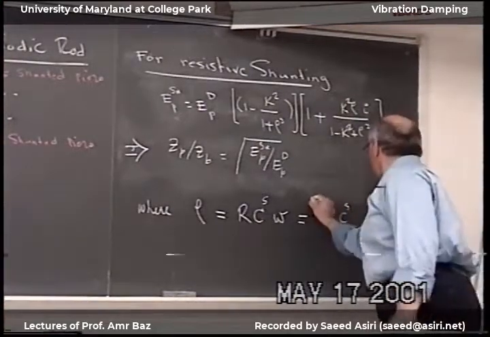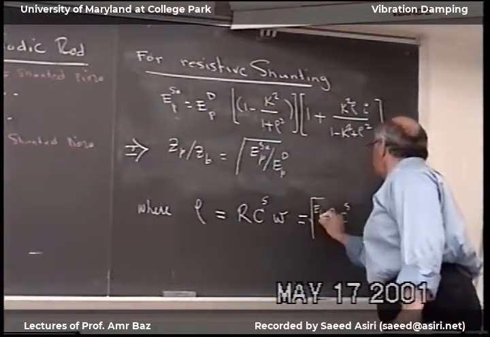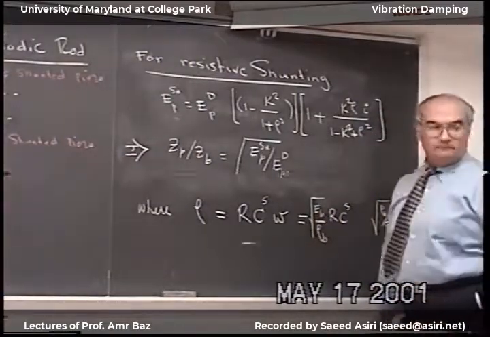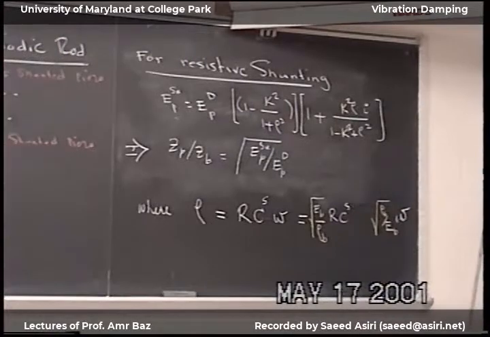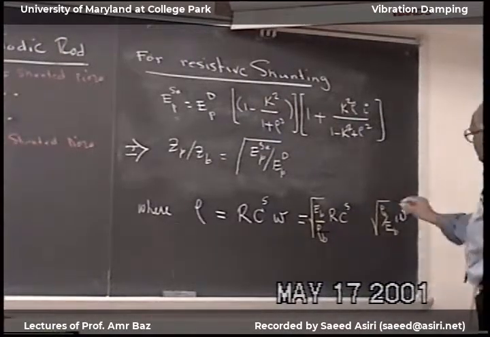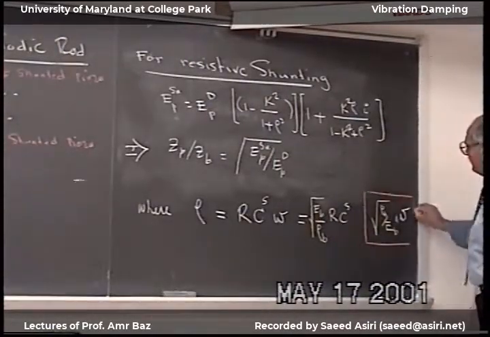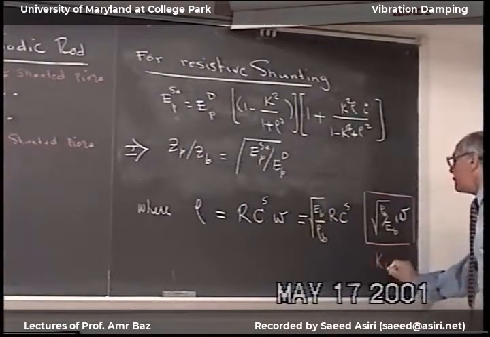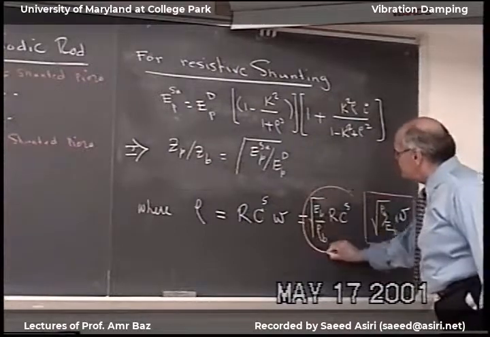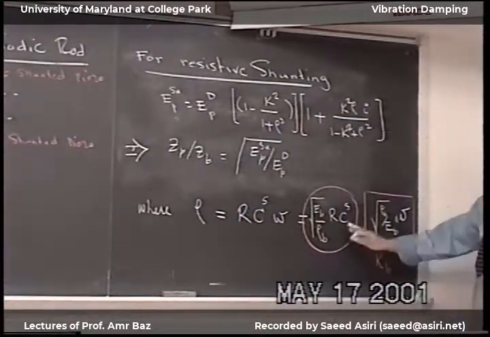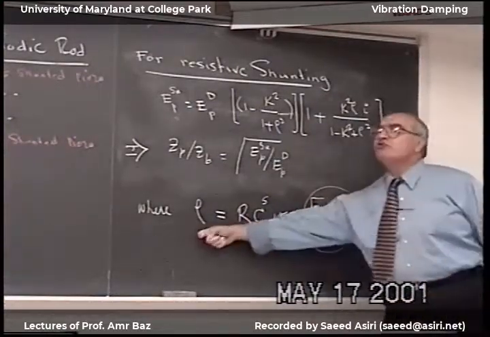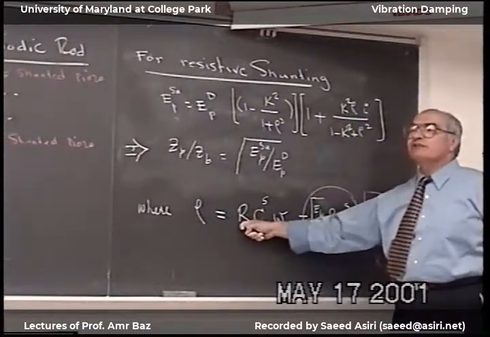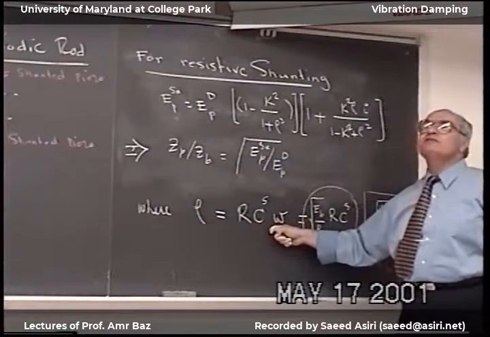So this number is the wave number of the base rod, and this is a dimensionless number, because this is dimensionless frequency. This is frequency, this is time constant. Multiplication of these two is dimensionless. The rho parameter is dimensionless.